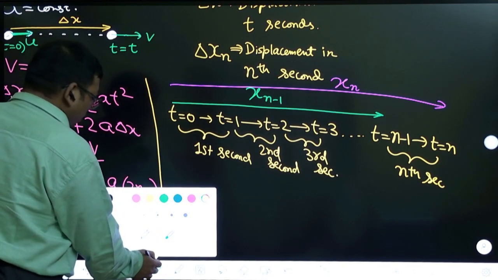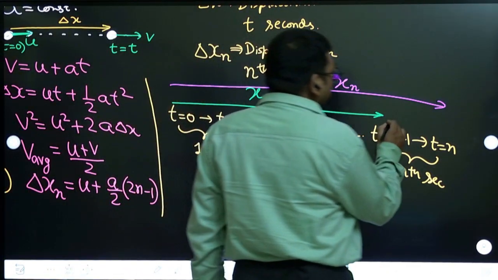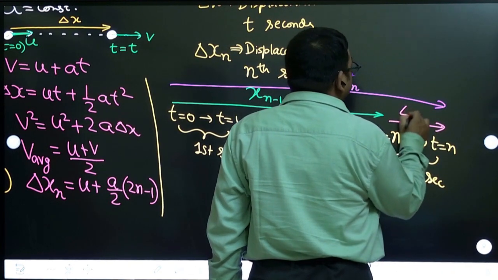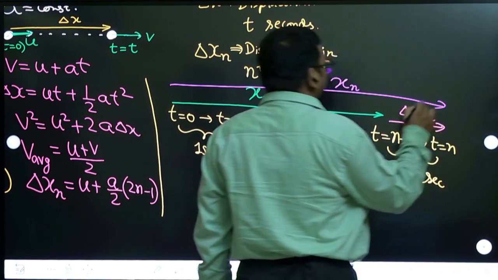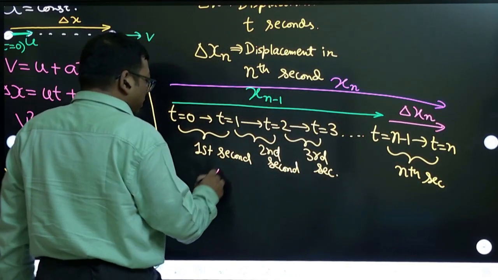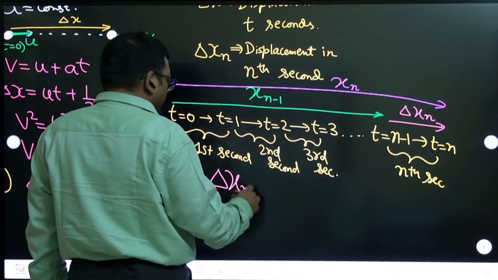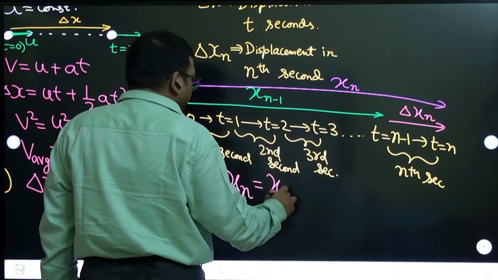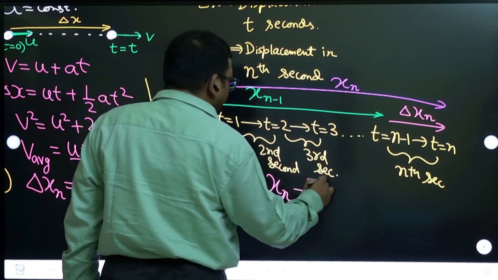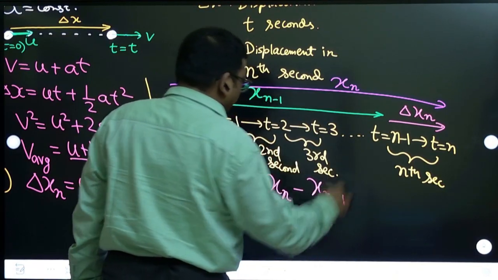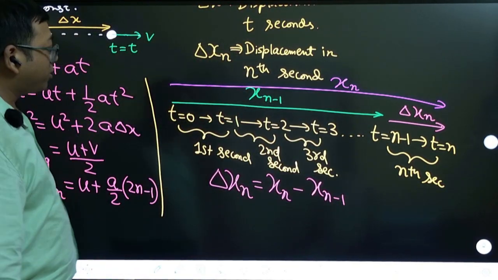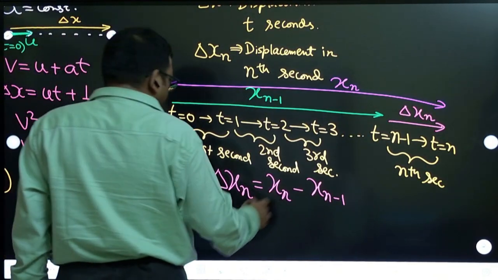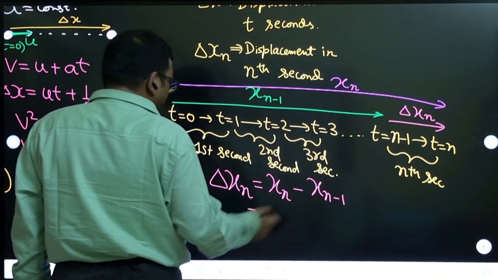This you have to understand. If you subtract this you will get displacement delta xn. So what is delta xn? Delta xn means displacement in n second minus displacement in n minus 1 second. Now you know the formula, let us apply that. So displacement of n second formula is ut plus half at square.